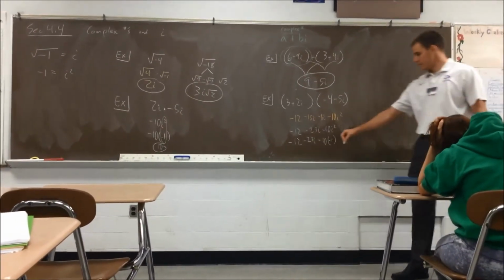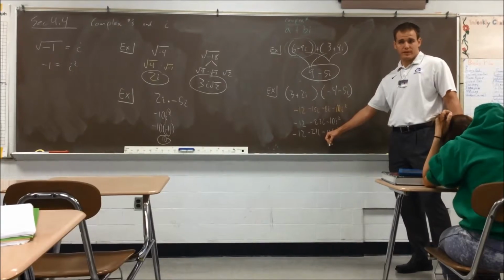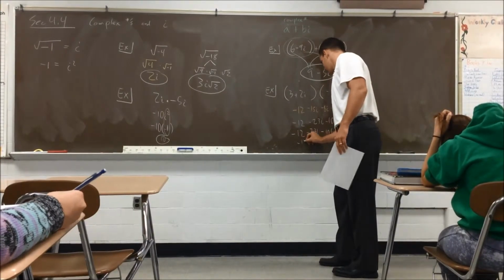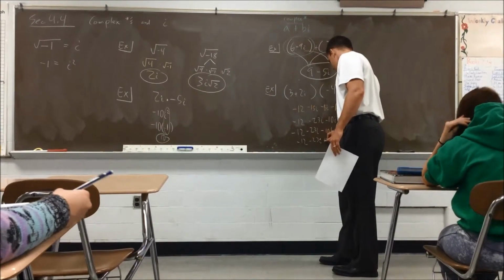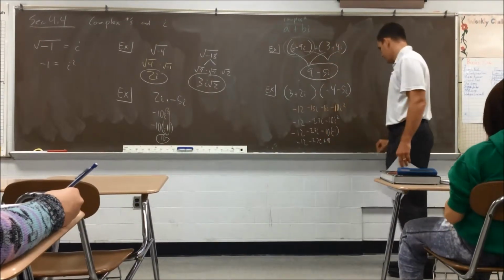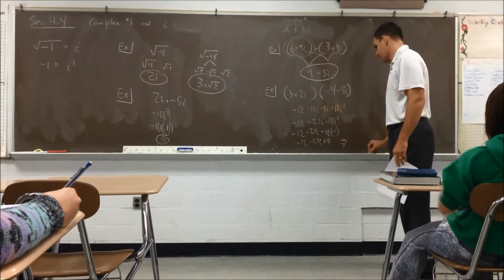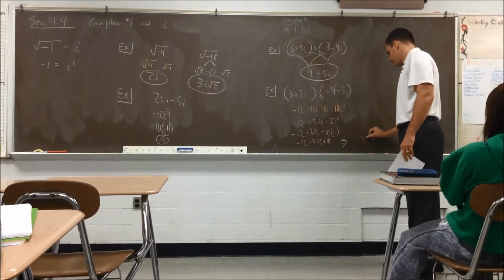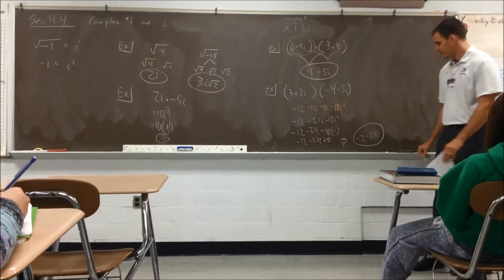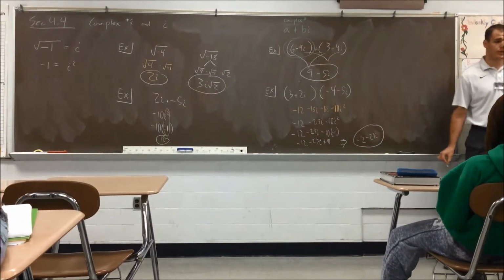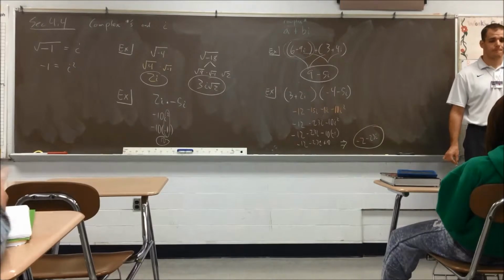So that's really going to be positive 10. Negative 12 minus 23i plus 10, which is going to give us the final answer of negative 2 minus 23i. And if we're doing a complex number, we always put the i at the end.